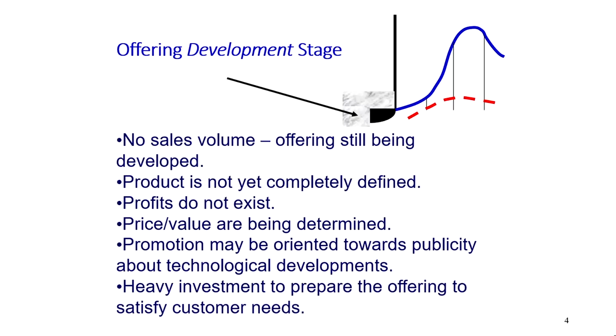So, promotion is basically publicity or the skillful use of media, and these days social media may be a preferred platform where early information about the new product will be released, discussed and so on. Heavy investment is done at this stage to understand the customer needs in more and more detail, and those nuances are built into the product features.